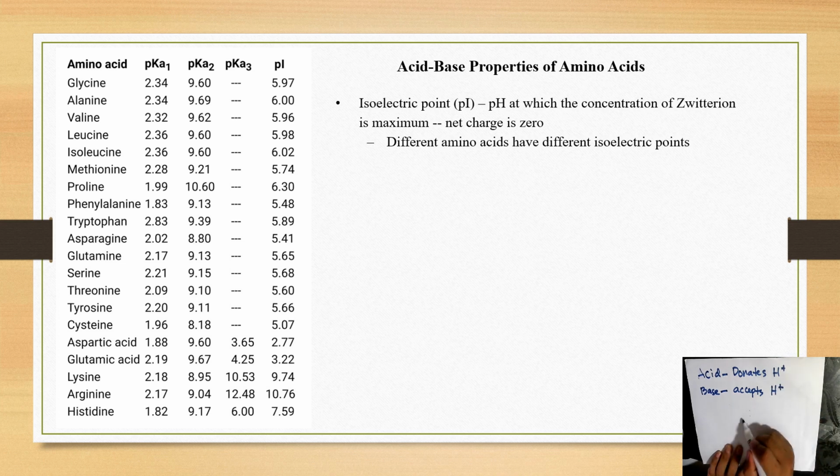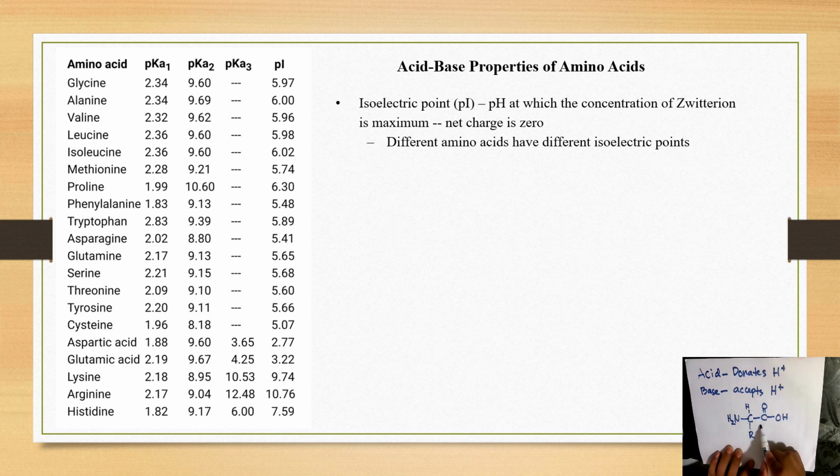Now, an amino acid has a formula where this is the carboxyl group, and it has an amino group here. Let's just write the hydrogen and the R group. This is the general formula of an amino acid. Now, an amino acid can undergo intramolecular proton transfer.